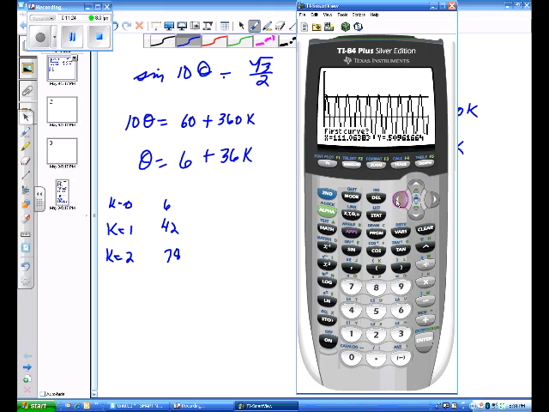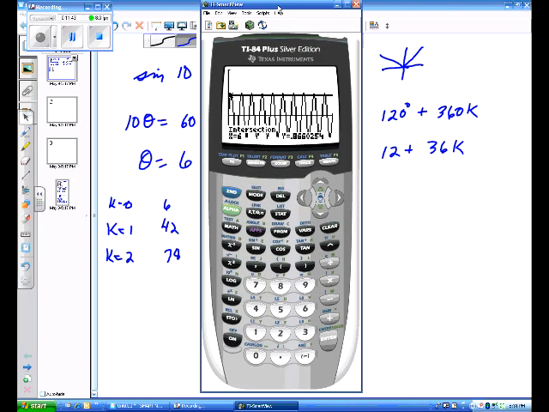Let's go back to the beginning since we found a few of those. Those are going to be fairly close, so you're going to have to be careful. So enter, enter, enter, and it gives you the 6. And if we went to the next one, it would probably be the 12.